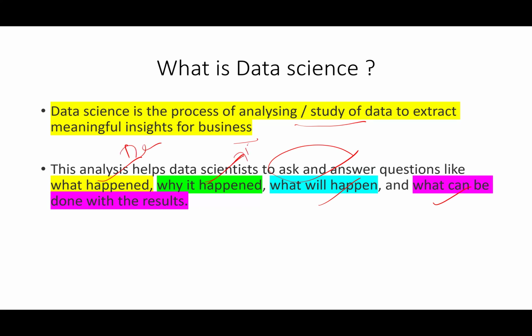Why it happened is diagnostic analytics. What will happen is predictive analytics. What can be done is prescriptive analytics. So a data scientist analyzes the data in order to answer these four questions. It's nothing but the four types of data analytics.